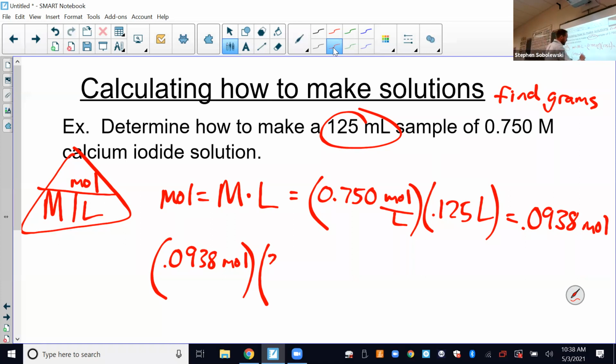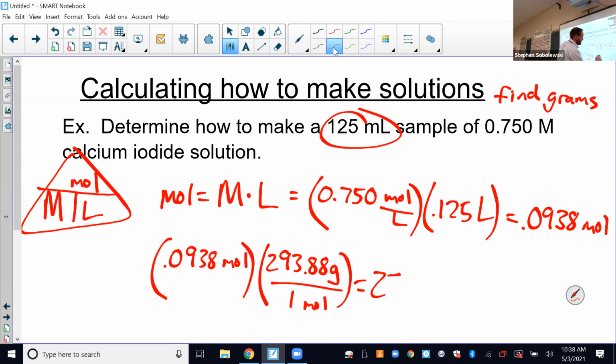So times 293.88 grams per 1 mole equals 27.6 grams of CaI2.